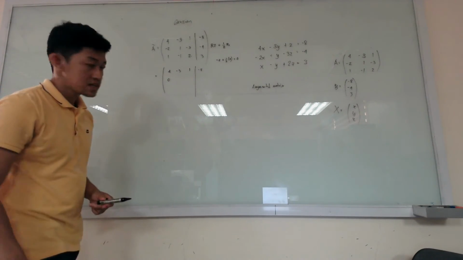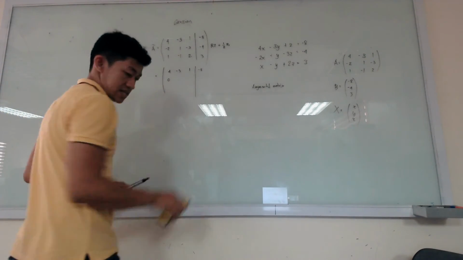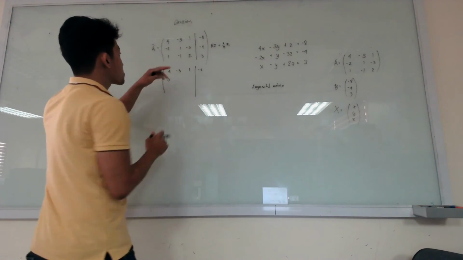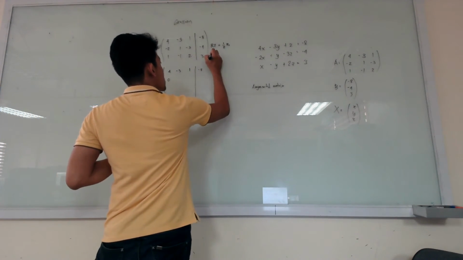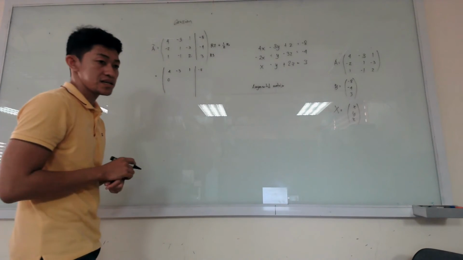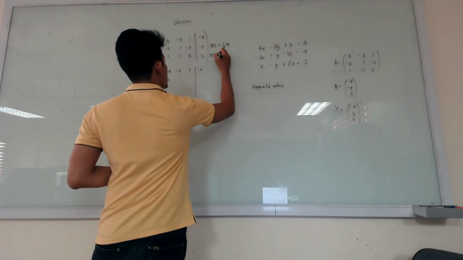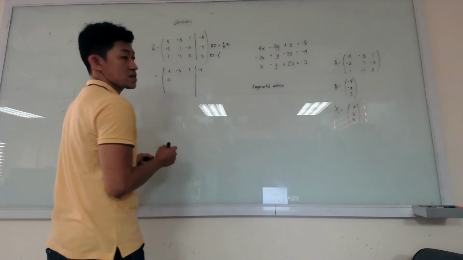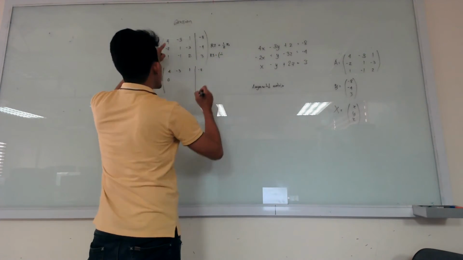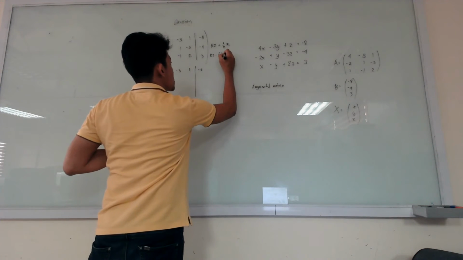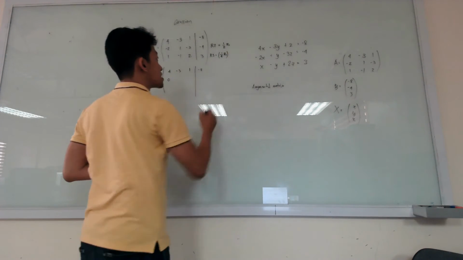Okay? So let's proceed with kani unsaon pag 0. Again, you have row 3 minus, i-minus nimo kani, sulatan nimo 1 over kani nga coefficient, 1/4 R1.